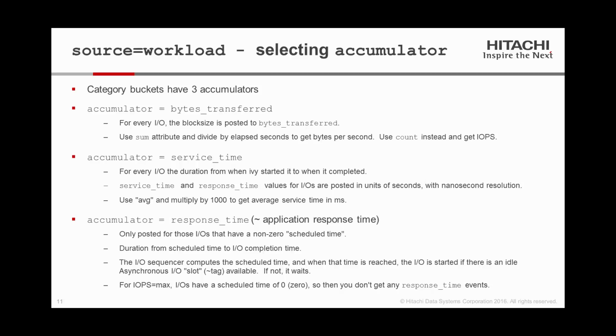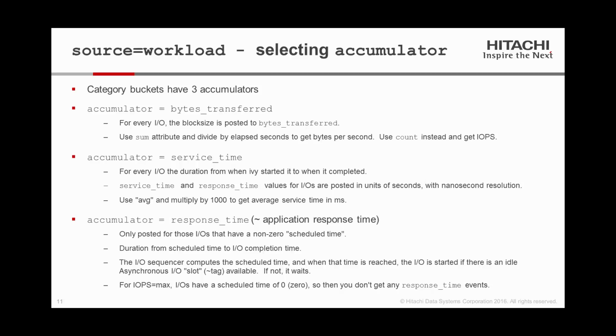And then we also, for that I/O, post the service time for that I/O into the service time accumulator. And then if IOPS is not equal to max, then we compute the response time and we plug that into the response time accumulator. So these are the 3 types of accumulator you can pick from when you're specifying a focus rollup: bytes transferred, service time, or response time.